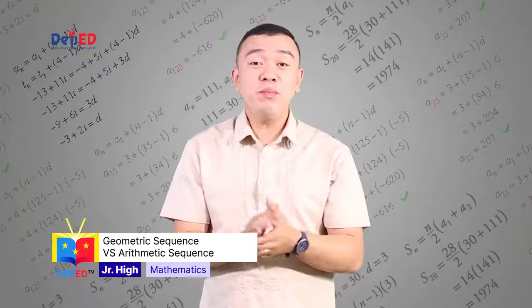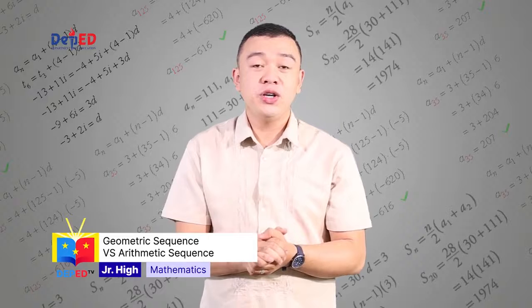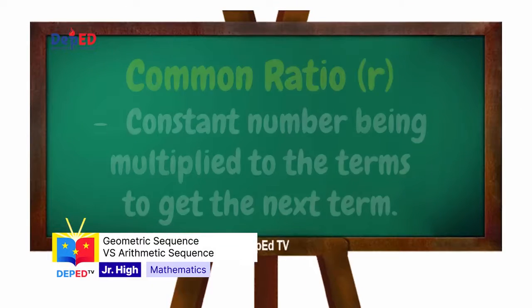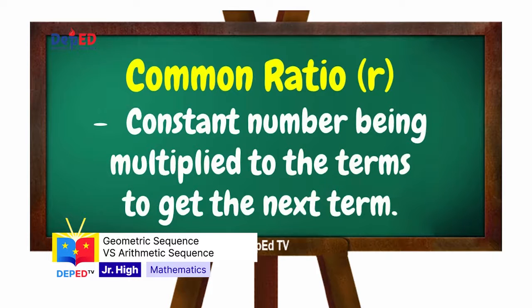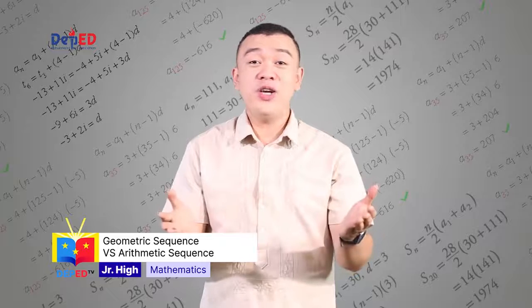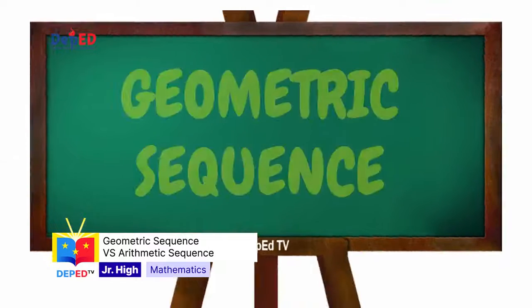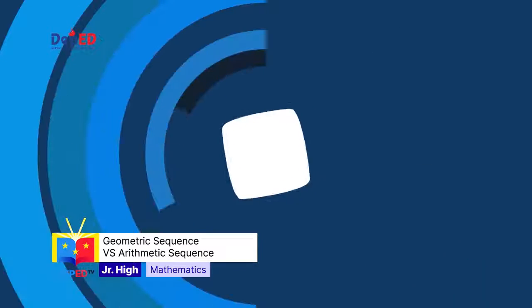The constant number being multiplied to the terms to get the next term is referred to as the common ratio, represented by the letter R. This sequence is an example of a geometric sequence.